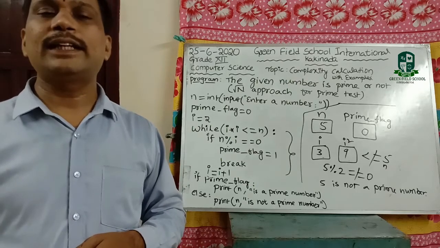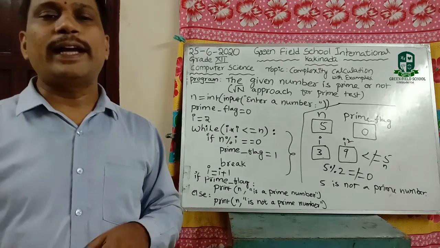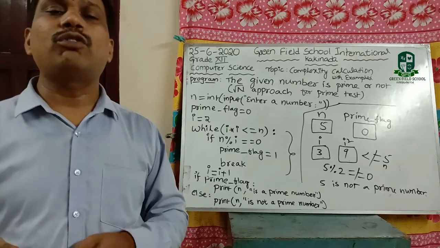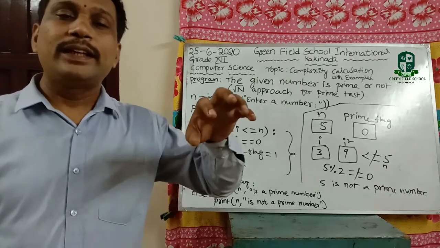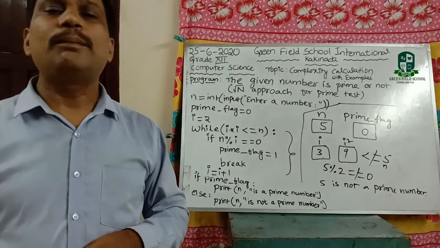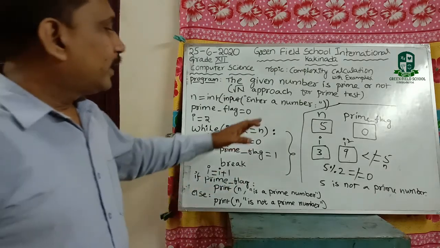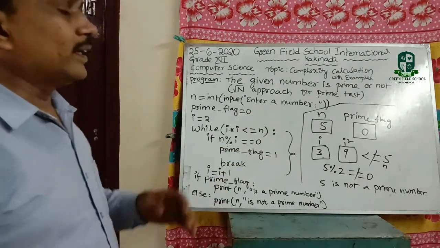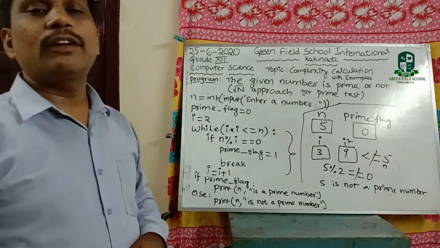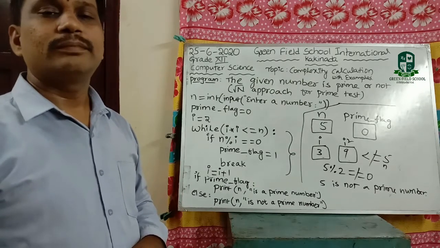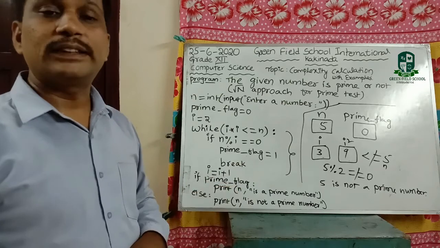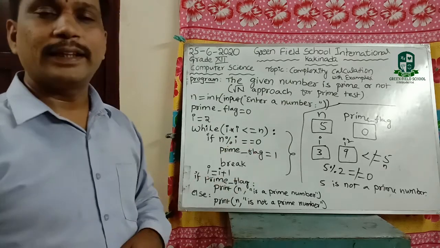But here we do not check like that, we check 2 square, 3 square, 4 square, and so we reduce the number of comparisons. So this technique reduces the number of comparisons and time. This one is the best one among the two techniques.